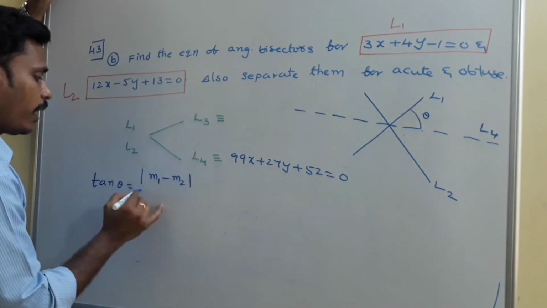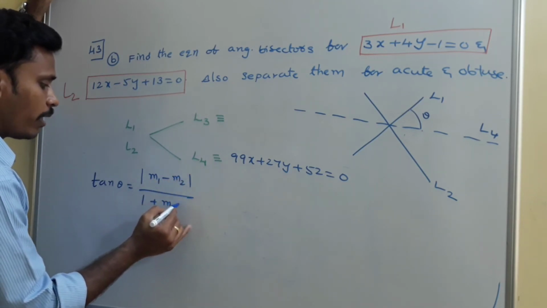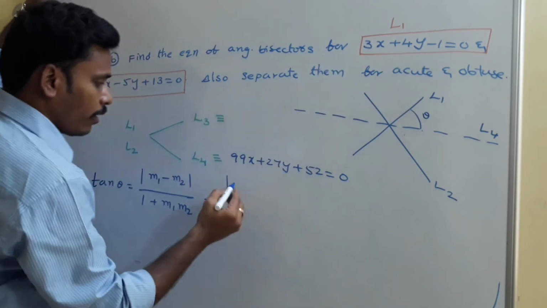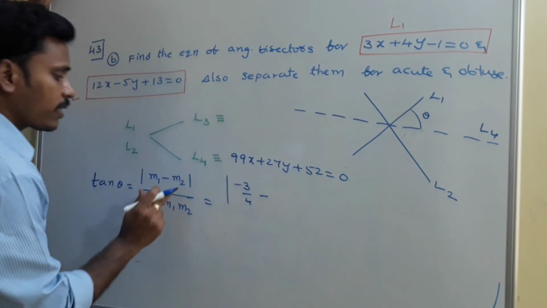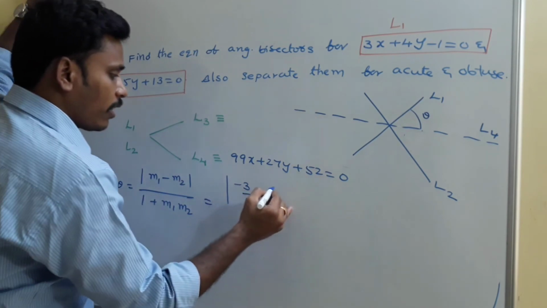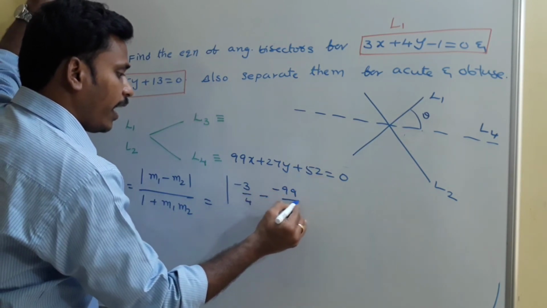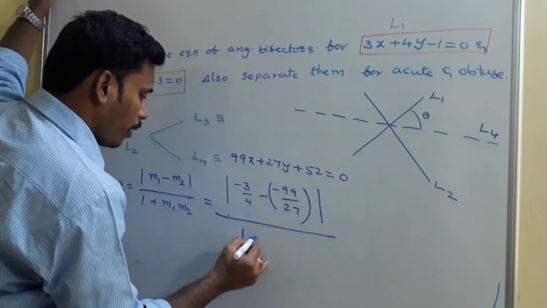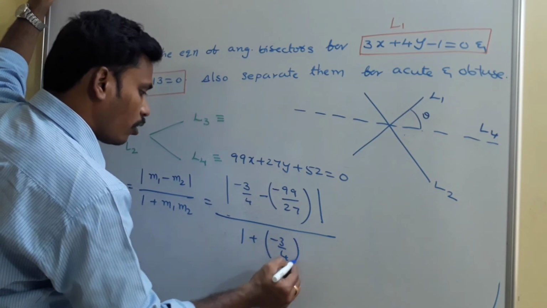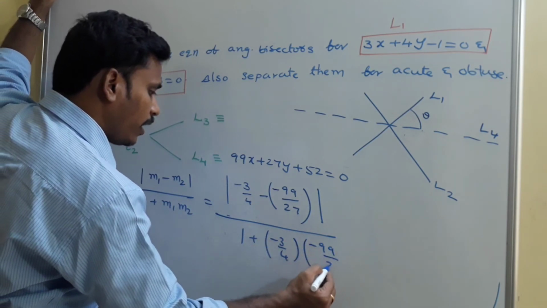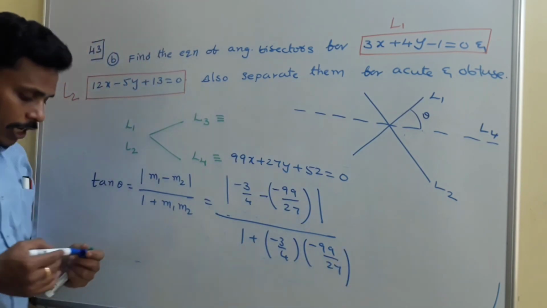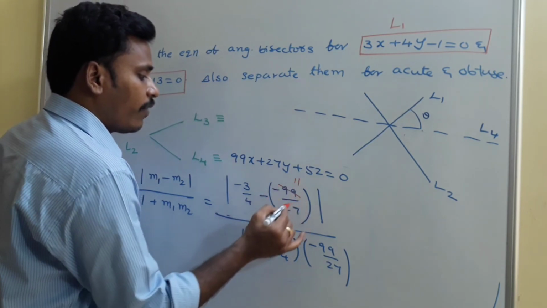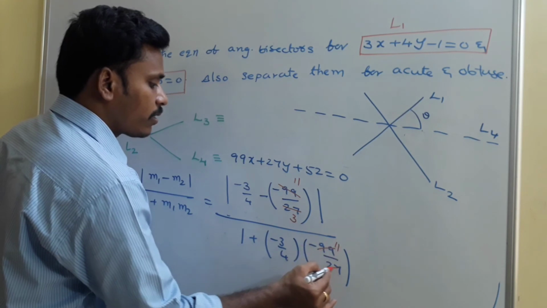That is equal to modulus of m1, which is the slope of the first line, minus 3 by 4, minus m2, the slope of the second line, nothing but minus 99 divided by 27, divided by 1 plus m1, which is minus 3 by 4, times m2, which is minus 99 by 27. We need to simplify it. 99 by 27 I can cancel with 9: 9 11s, 9 3s.